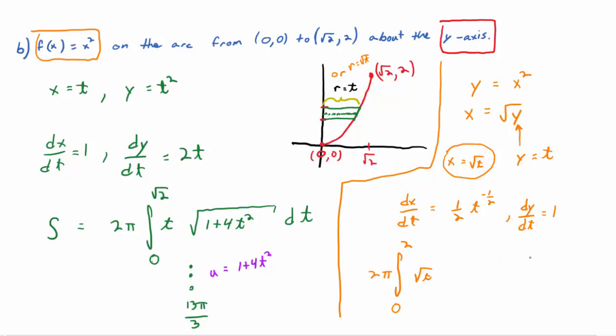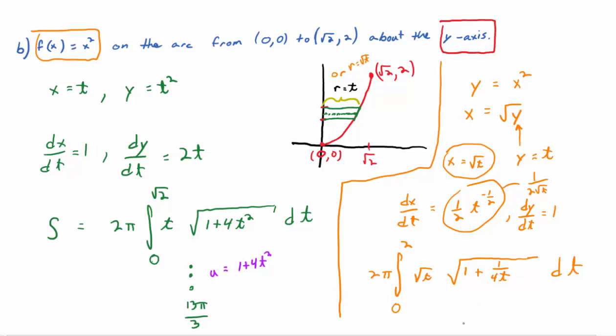However, what happens when you plug into the ds, the square root of dx/dt squared plus dy/dt squared? Okay, the 1 part's easy. You square 1, you get 1. But then this guy right here is really 1 over 2 radical t, isn't it? And so you square that guy, and what do you get? 1 over 4t.